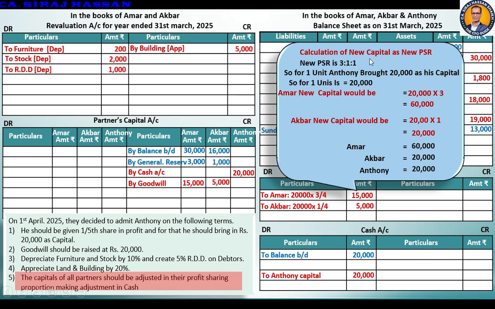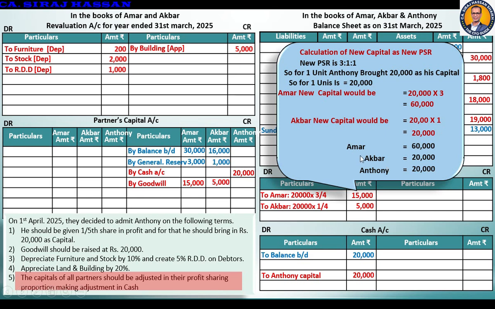So, calculation of new capital as per the new profit sharing ratio. New profit sharing ratio, as we discussed just now, is 3:1:1. So for 1 unit, Anthony brought 20,000 as his capital. So Amar's new capital should be 20,000 into 3. That will come to 60,000. Similarly for Akbar, for 1 unit of capital, it should be 20,000.